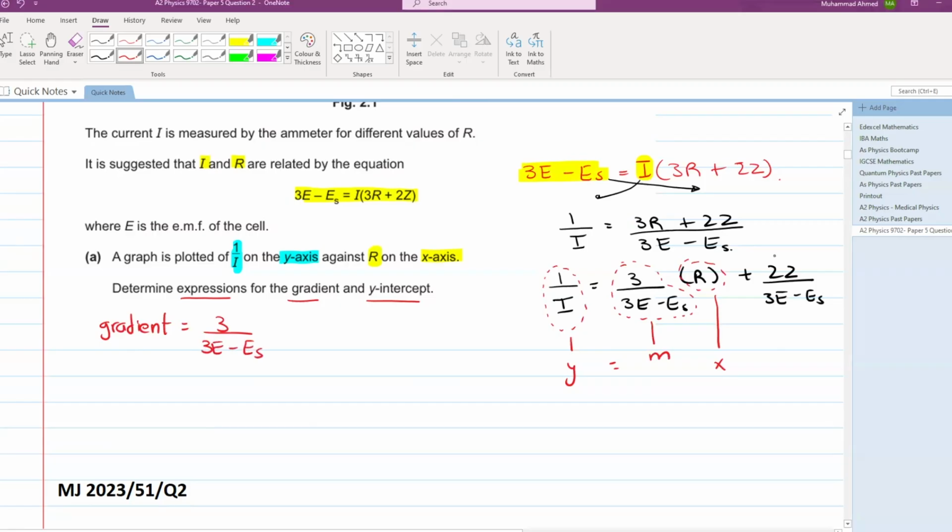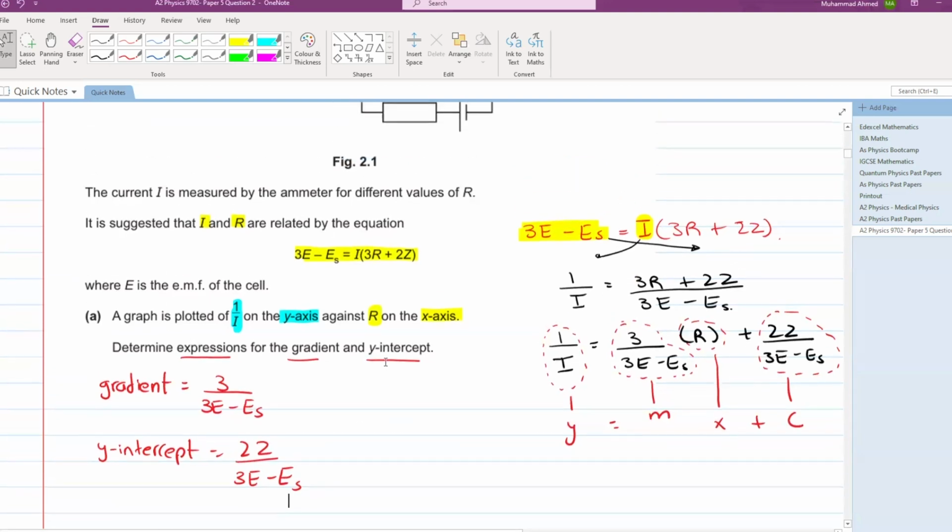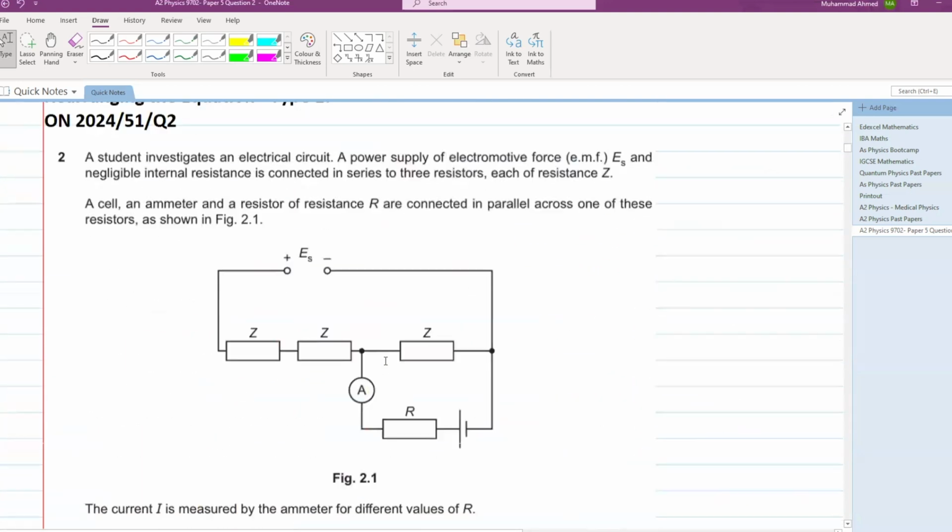What is your y-intercept equal to? Your y-intercept is equal to 2Z over (3E minus Es). So basically, this is how part A, the first part of Question 2, is structured.